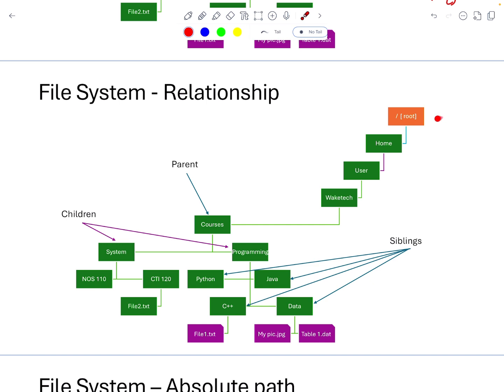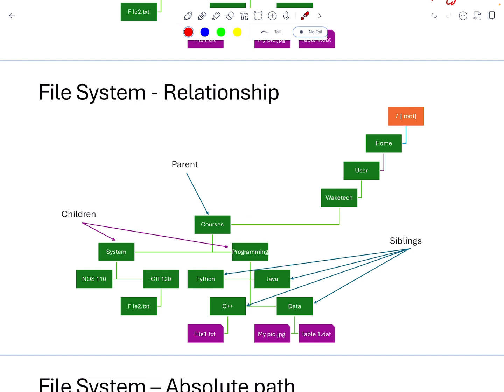If you consider this as level 0, this is level 1, level 2, level 3, level 4, level 5, and all of these are level 6, and then the files are at level 7. If you go from one level to the previous level, that previous level will be a parent. If you have a path, then they have a parent-child relationship.